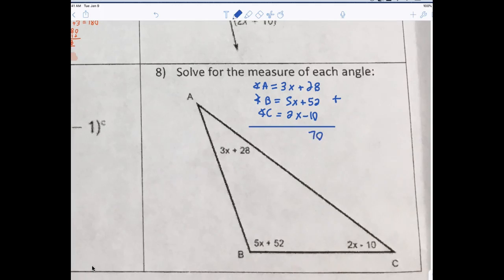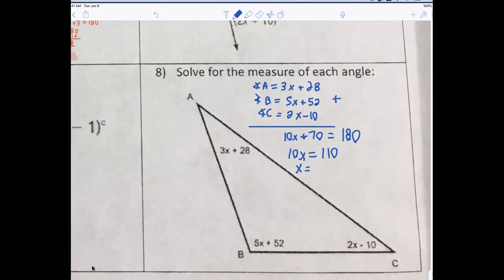And then 10x. Right. And that all adds up to what? 180. Good. So now subtract 70. Equals 110 equals 10x. Yes, 10x, you're right.